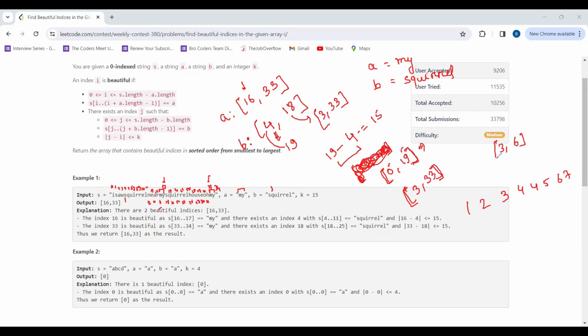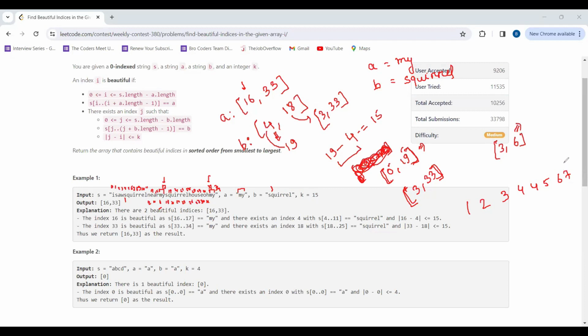What we'll do is apply upper bound at 6. Upper bound at 6 will give what index?